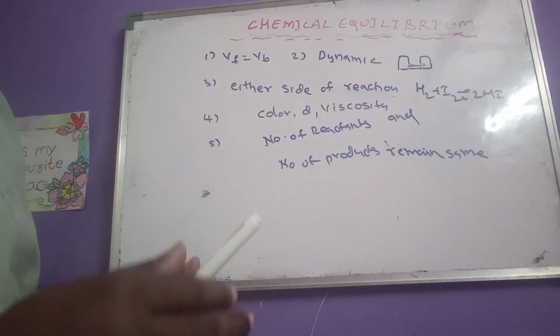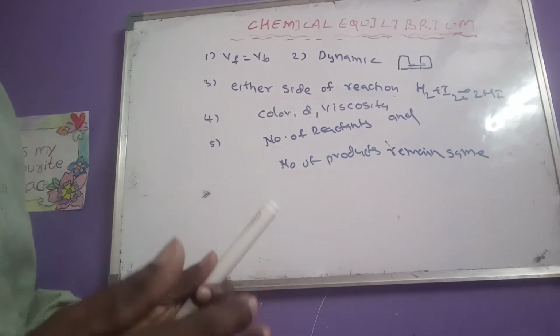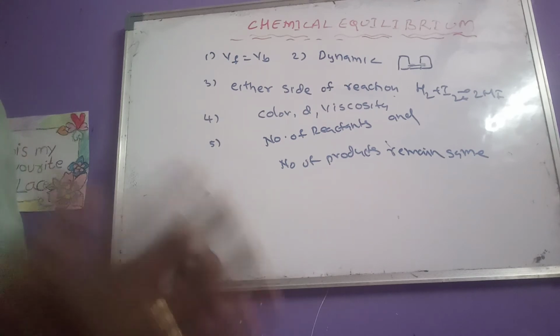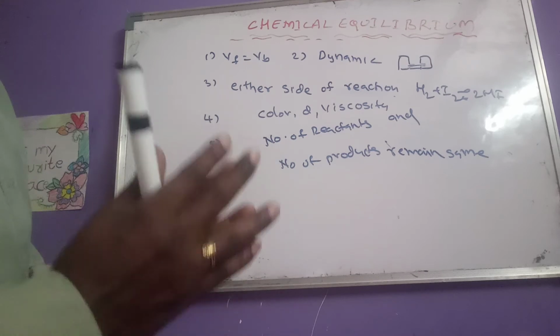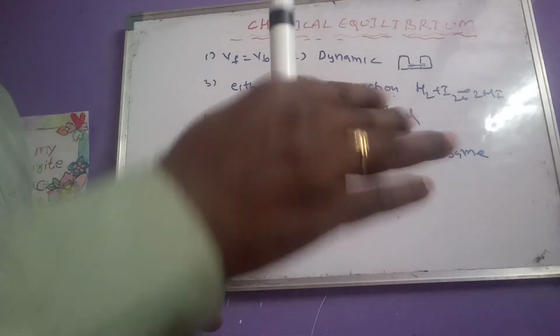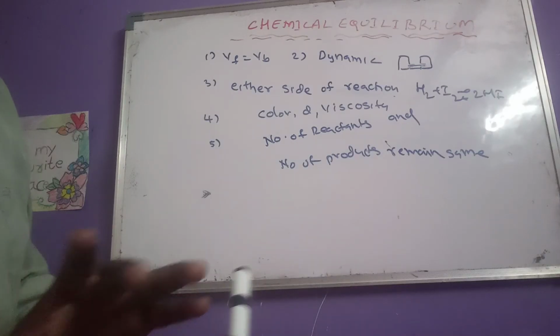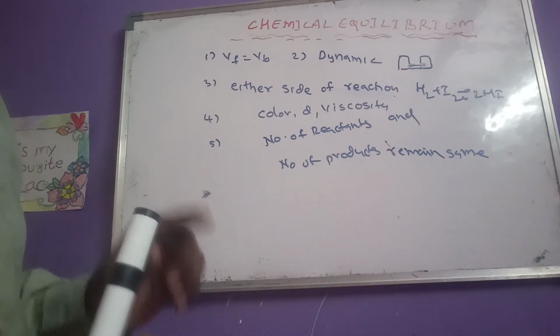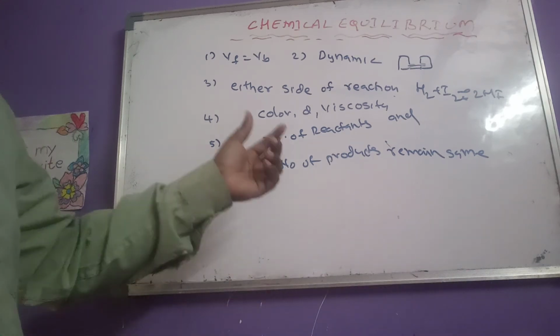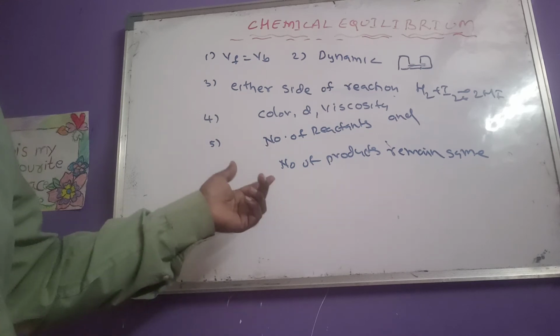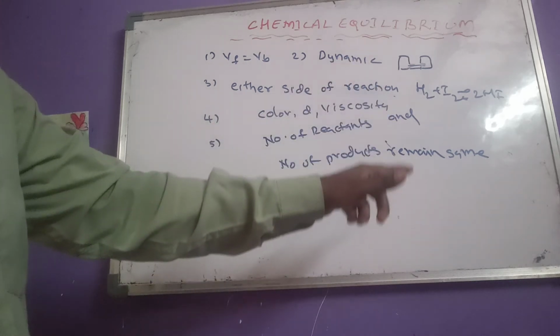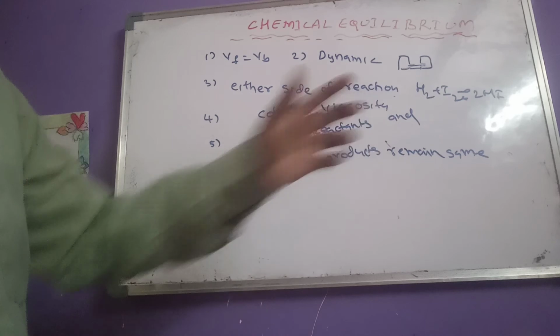Like that only, there is no change in the number of products, meaning concentration of products. But this does not mean that however many reactants there are, the same number of products should be there. This is not that type of concept. Here what we are saying is, however many reactants there are, they remain as they are without any change, and also the number of products also remains the same without any change.